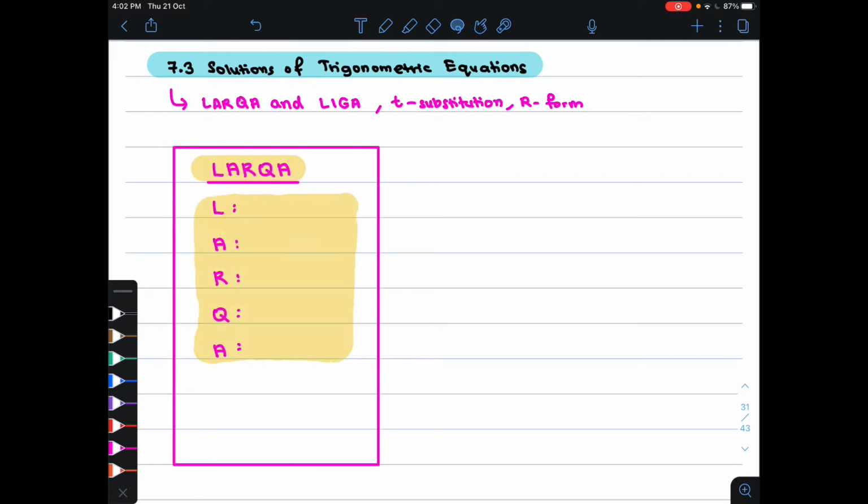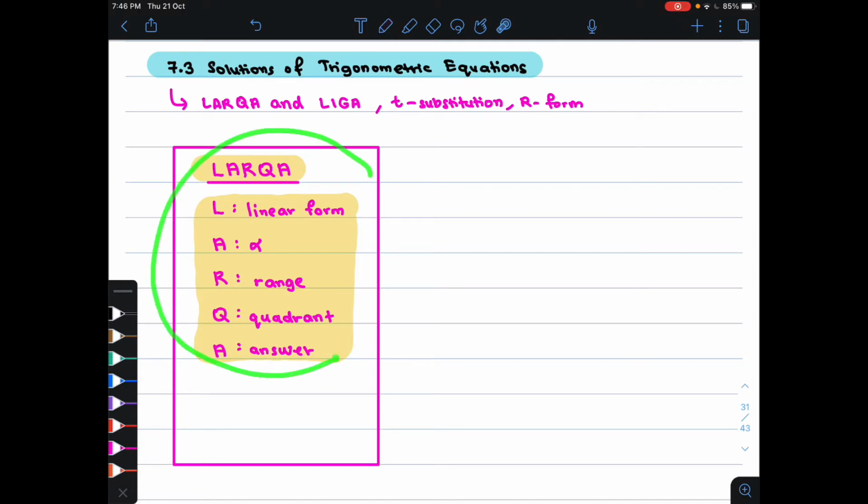So what does LARKA stand for? L is linear form, A is alpha, R is range, Q is quadrant, and A is for answer.